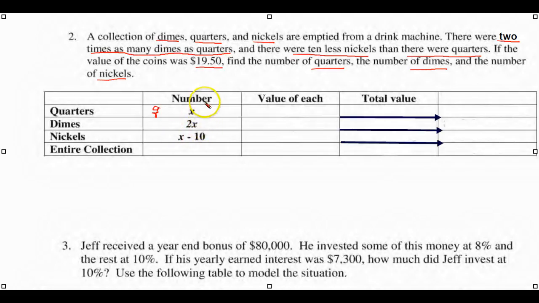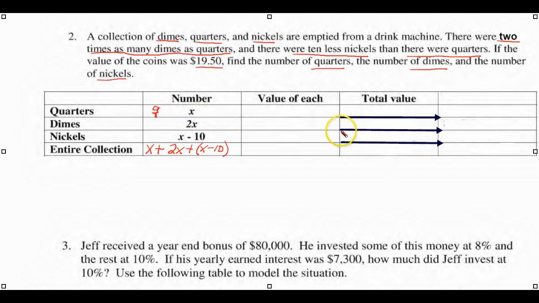Now, how many coins did you have altogether? Well, you had X, the number of quarters, plus 2X, plus these that we'd have to put in parentheses, X minus 10. That would be the numbers, but we're not that interested in the numbers.